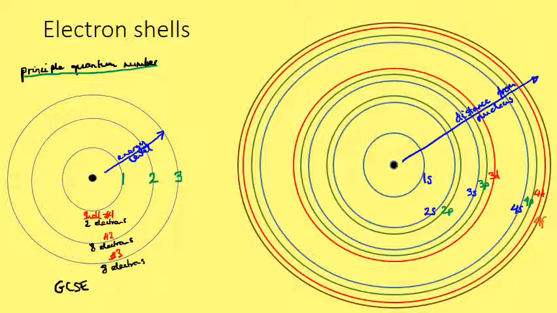But at GCSE, you'll remember that it was energy levels. The third energy level would be of a higher energy than the second energy level, and the energy levels increased as you went away from the nucleus. That's generally true, but at A level we come to understand that it's not universally true, because the 4s energy level is actually a lower energy level than the 3d energy level.